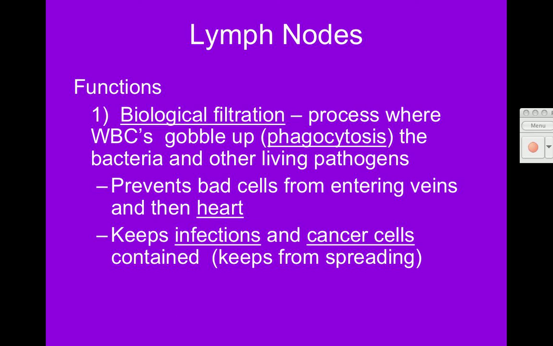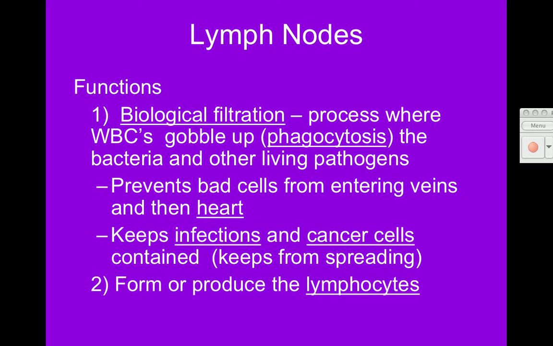If there's cancer cells inside of those lymph nodes, which are called sentinel lymph nodes, because they're kind of standing guard, so to speak, around that cancer tumor, it's an indication that the tumor has metastasized. And if it's metastasized or not metastasized, that is going to dictate some of the treatment options for that patient. In addition, the lymph nodes help to form or produce the lymphocytes.